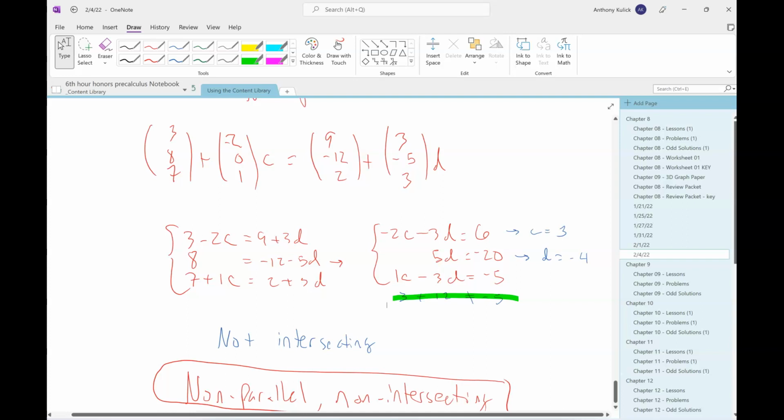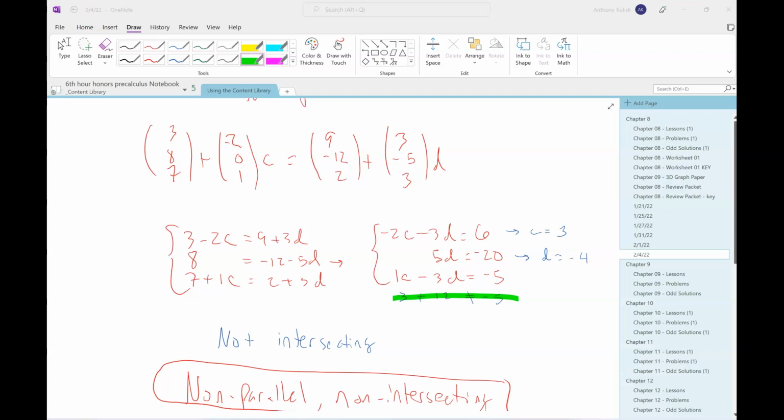For the last one, this is 120. That's what I have. Did I goof it? It's possible. It's a negative 7 and negative 1. Where's the negative 7?